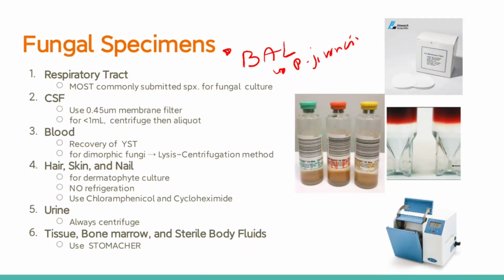And next, number 3, blood for the recovery of yeasts. Those are for sepsis. And for dimorphic fungi, the common ones are Histoplasma, Blastomyces, Coccidioides, and Sporothrix. We need to perform what we call the lysis centrifugation method.